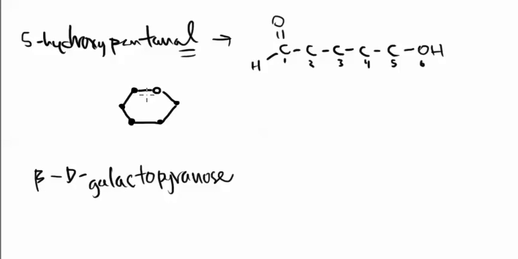Now, we're leaving off some things here. With 5-hydroxypentanal, this OH group is now basically involved in the ring, so that is where that OH group has gone. However, we are leaving off something very important, and that piece is this one here. Carbon number 1 had a C double bond O. So there was a double bond O here.